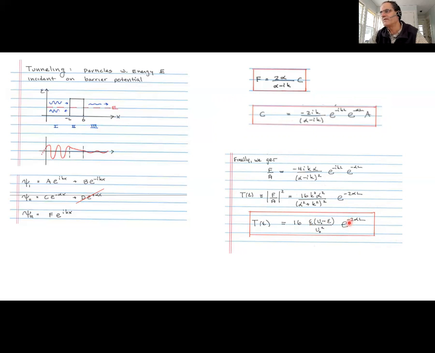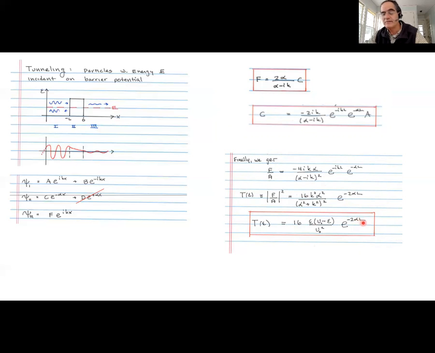Times e to the minus 2 alpha L. All right? Just to sum up, the transmission probability is equal to a number, 16, times this quantity, which is typically a number on the order of 1, okay? Times e to the minus 2 alpha L, an exponential factor.